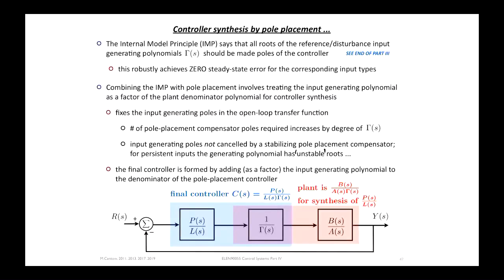So we know that if we want zero steady state error for a step here, then we're going to have an open loop pole at s equals 0. So let's force it in there.